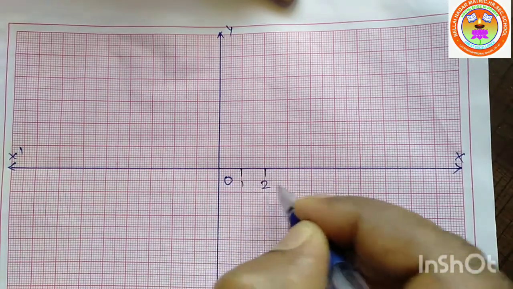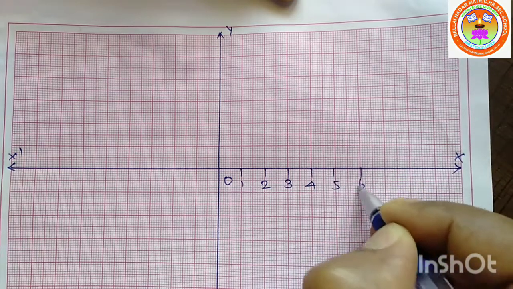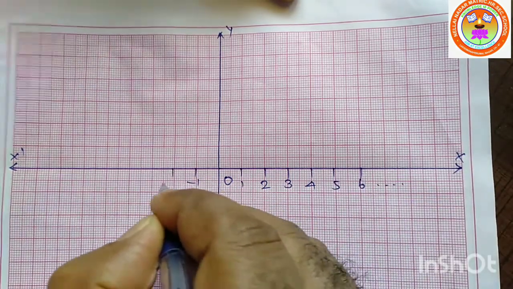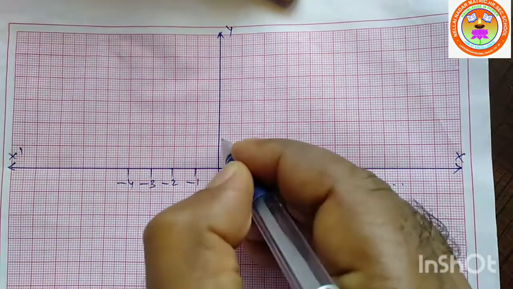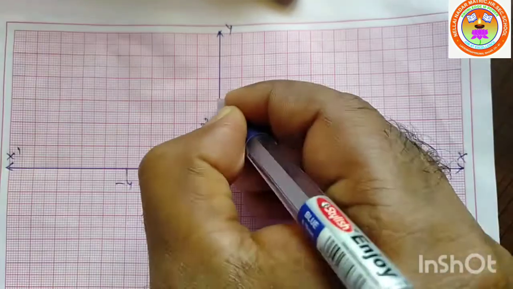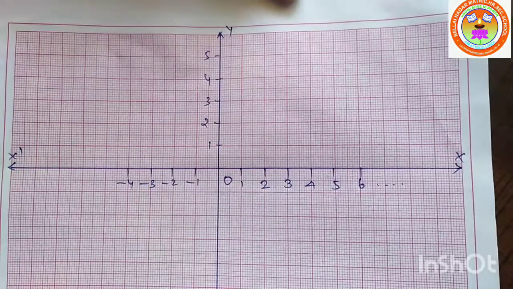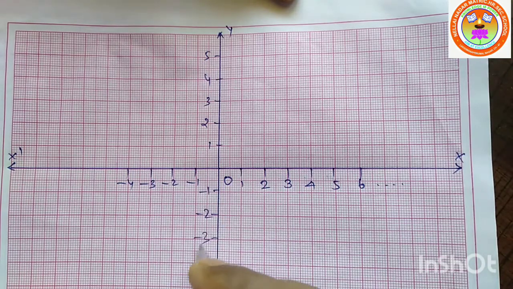On the x-axis we mark 1, 2, 3, 4, 5, 6, and minus 1, minus 2, minus 3, minus 4. On the y-axis also we take 1 unit: 1, 2, 3, 4, 5, and minus 1, minus 2, minus 3, minus 4, minus 5.